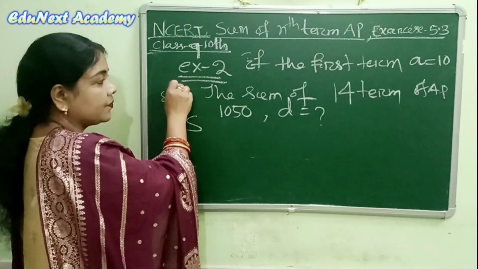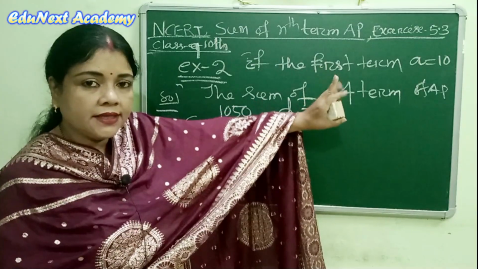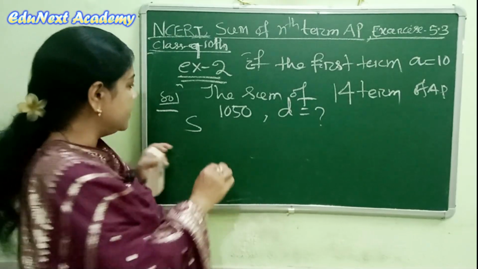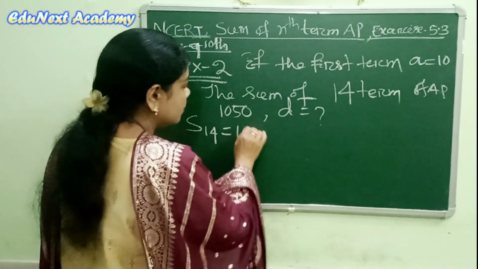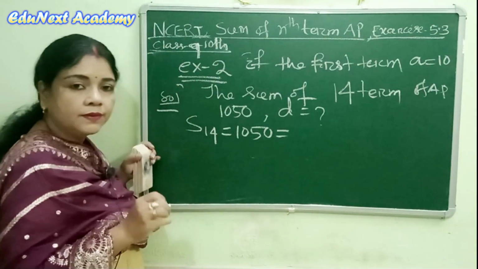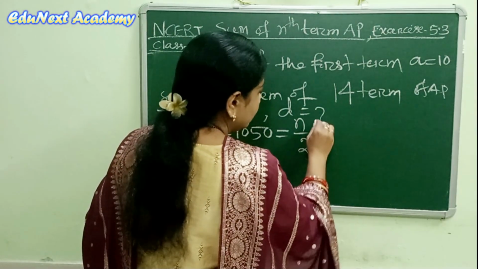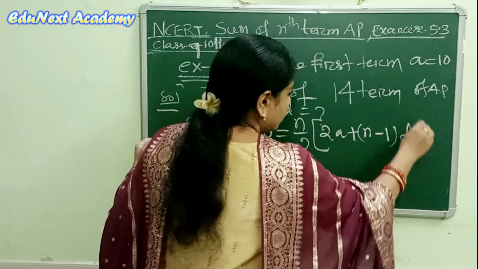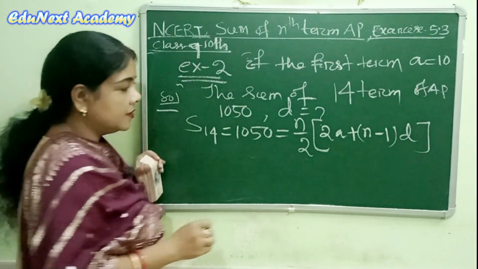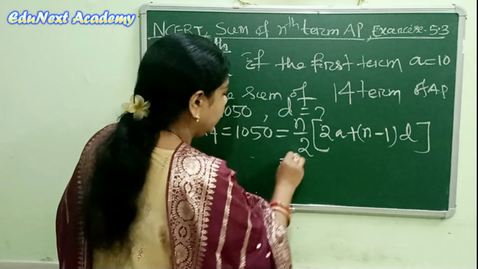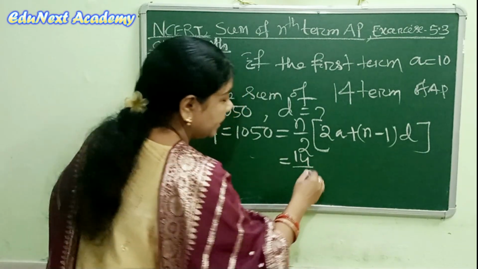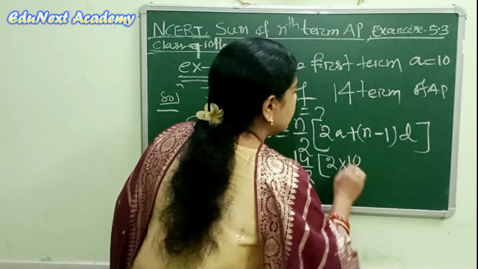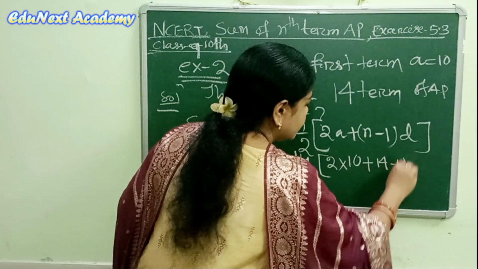Simple solution: the first term a is given, and the sum of all 14 terms is given. That means S14 is 1050. What is the formula? That is n by 2 whole into 2a plus n minus 1 into d. Now here n is 14. 14 by 2 into 2a, a is also given, and this is 14 minus 1 into d.